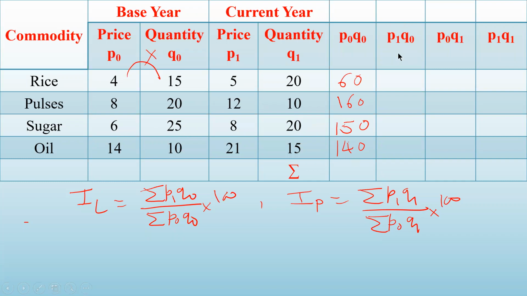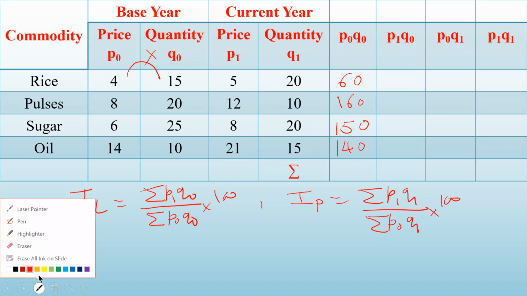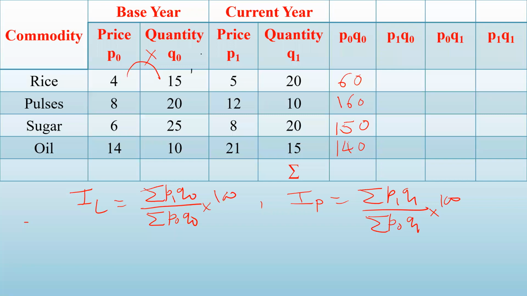Now we have to prepare the column for P1 Q0. Where is P1? P1 is here. And where is Q0? It is here. So I have to multiply these two, P1 and Q0. Let me use a different color for that. So I use this black color. So 15 into 5 will give me 75.